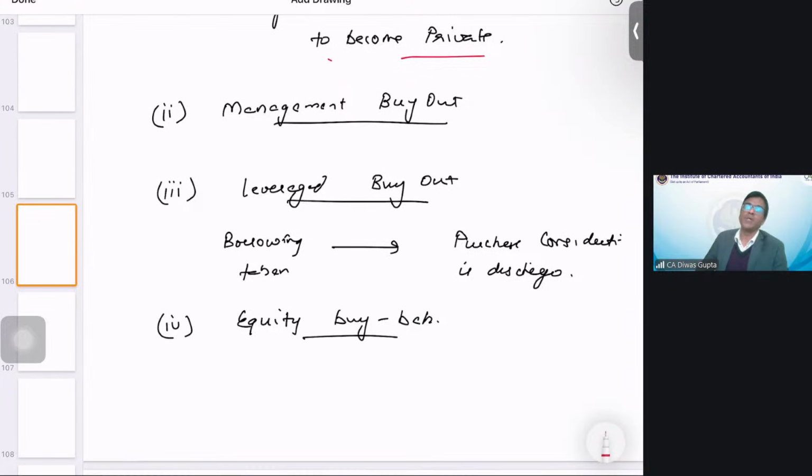So management takes over the ownership. Leveraged buyout means that you take a borrowing and then you pay a purchase consideration. So basically, for the payment, you take a loan from the bank. That is called a leveraged buyout because you are leveraging your borrowing to buy out. And equity buyback is a simple one, a normal buyback of equity.